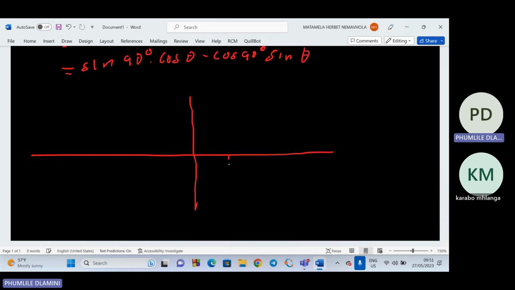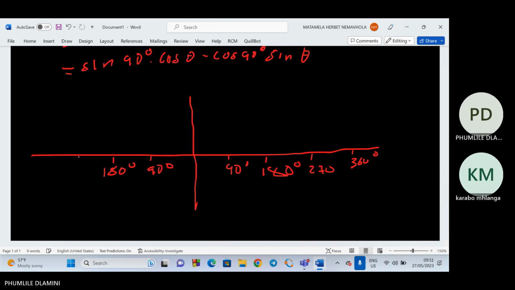We know that it's going to start at 0, then 90, 180 degrees, 270, and 360 degrees. So here is going to be 1, and here negative 1.